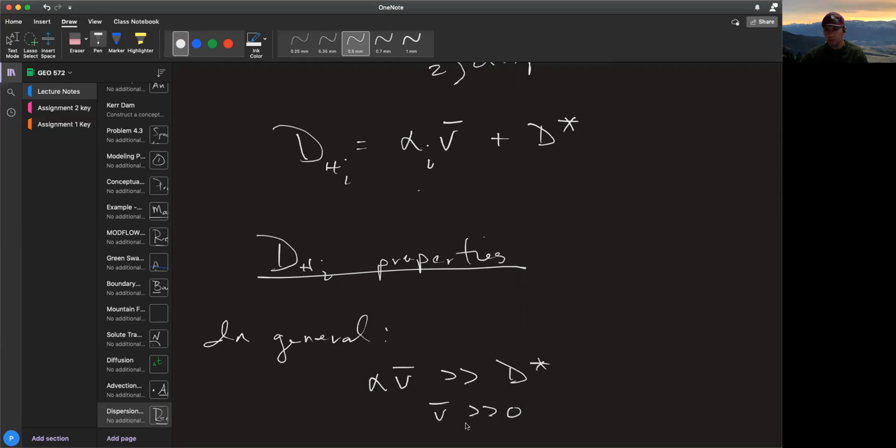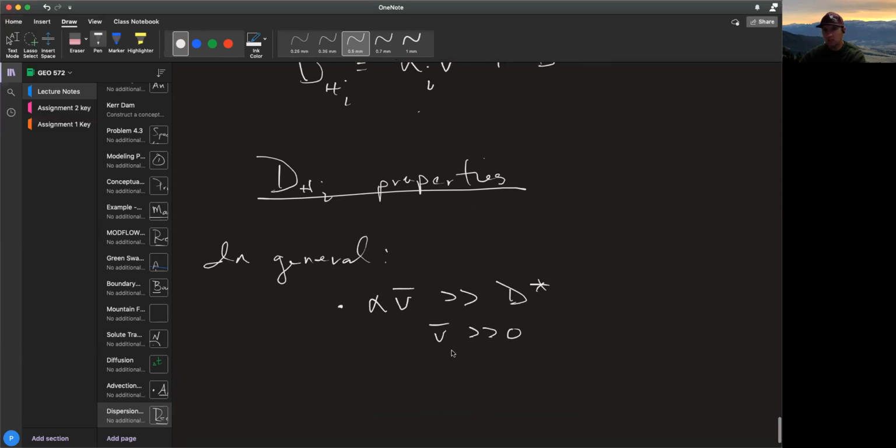We'll talk in more detail about when we expect V bar to be great enough to be greater than diffusion. But for most cases, this dispersive term is greater than diffusion.